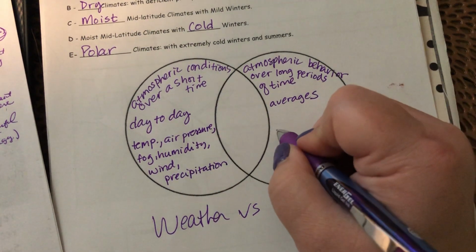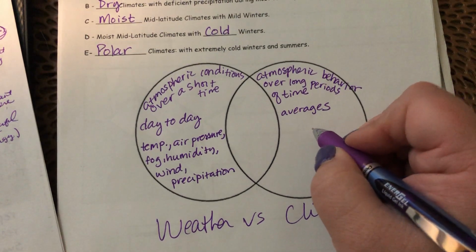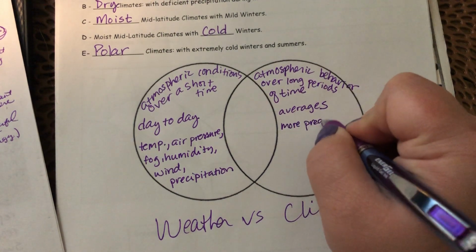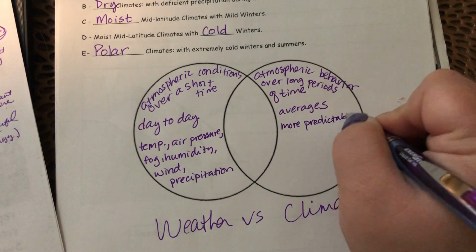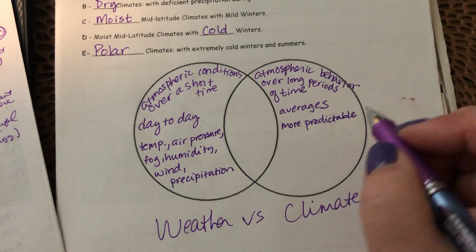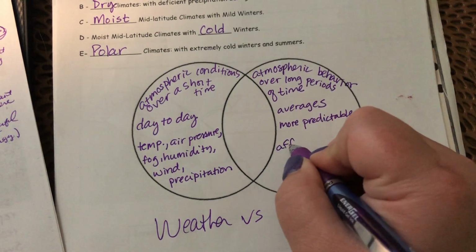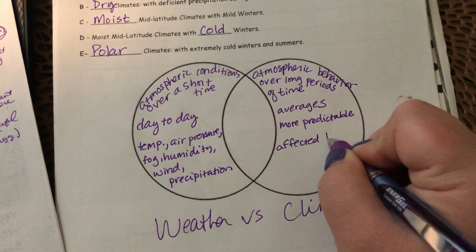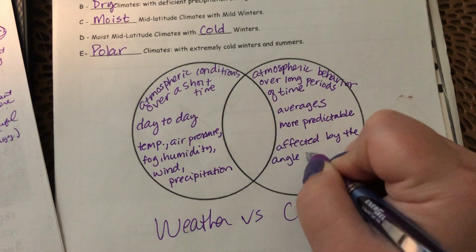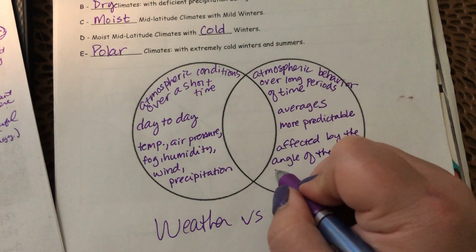Over here, since we're doing averages, the climate is more predictable, because we can average it over time. And climate is affected by the angle of the sun and the amount of cloud cover.